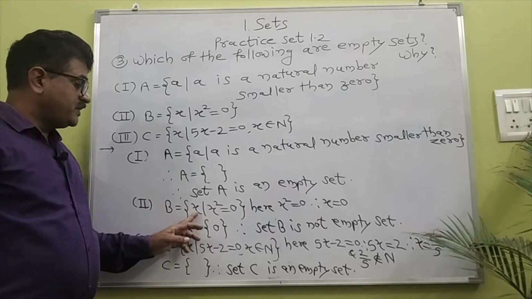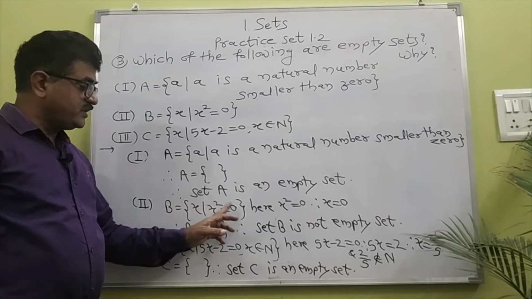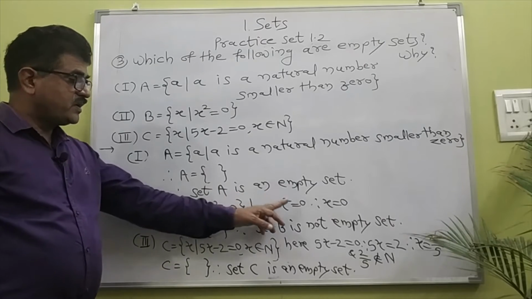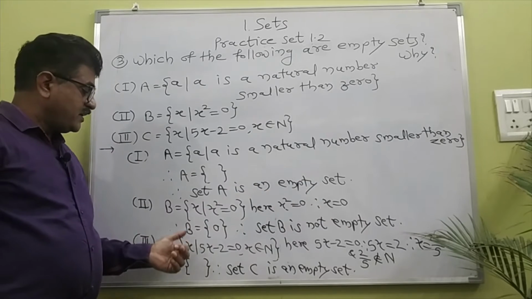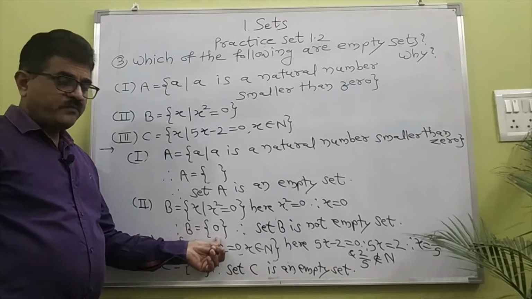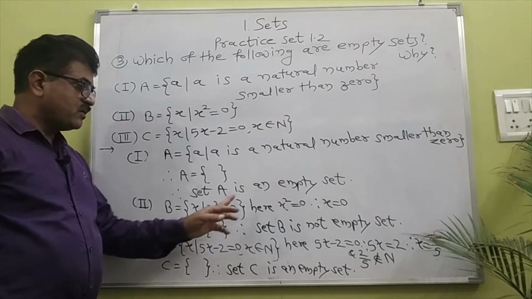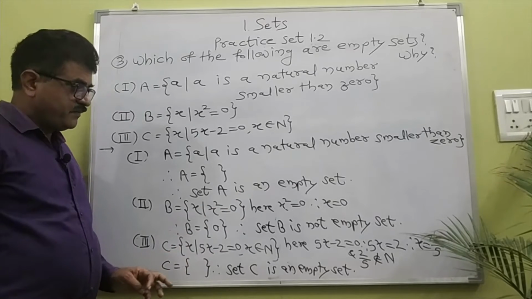B is a set of x such that x square is equal to 0. Here x square is equal to 0, therefore x is 0. Then B contains element 0. Therefore, set B is not an empty set.